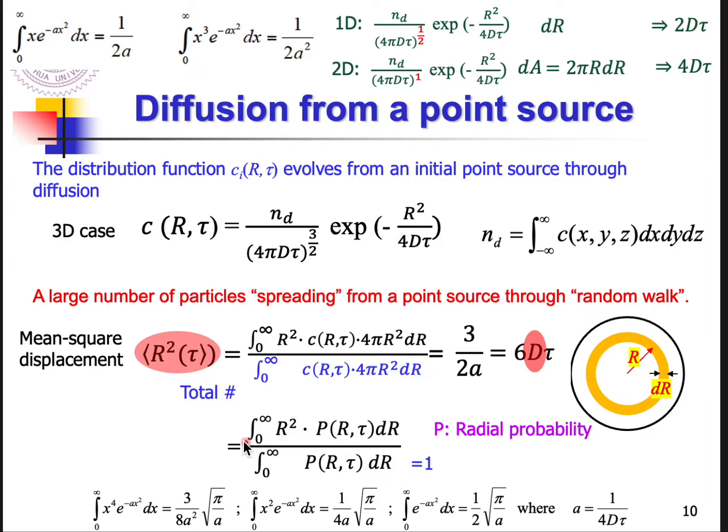So in order to get the mean square displacement, we need to solve the probability as a function of radius and t. Then we substitute this term, and we can get the mean square displacement. This is how we deal with these questions. The following slide is going to show you how to get this radial probability.